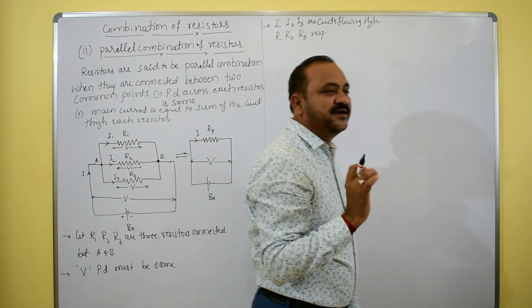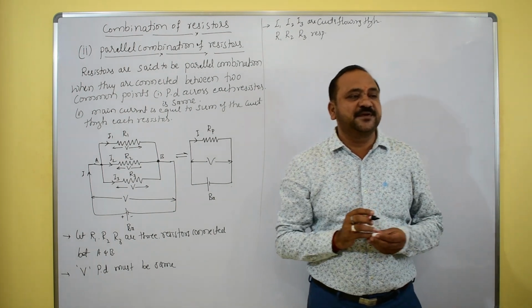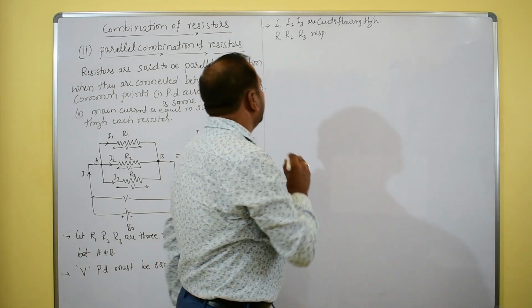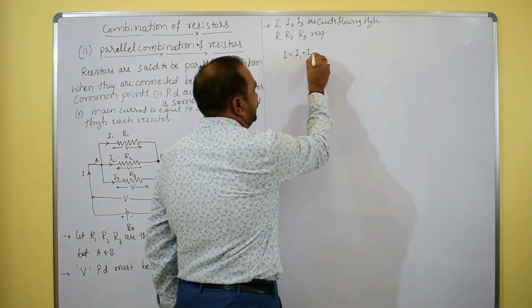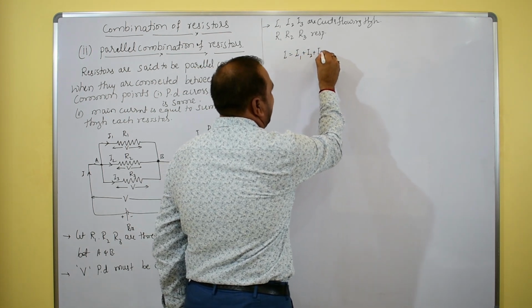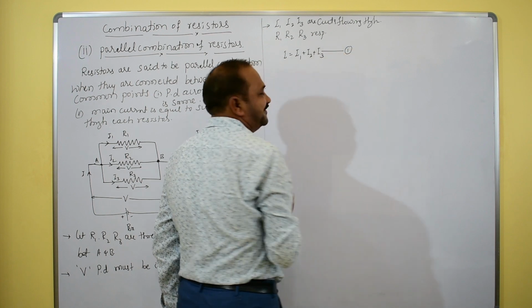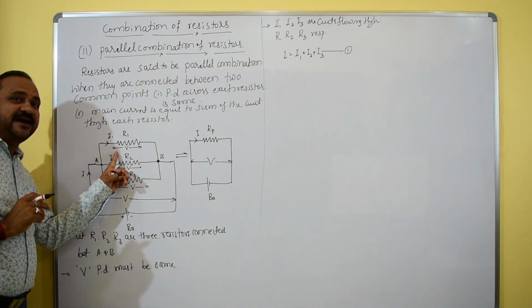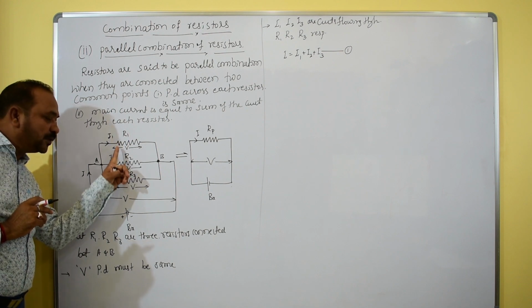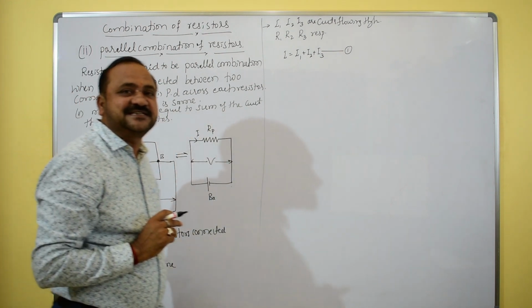This is a very important concept now. In this case, what happens? Total current equals I1 plus I2 plus I3. We call that equation number 1. Total current is equal to the sum of the currents through all 3 resistors.